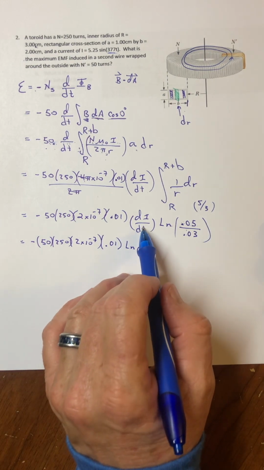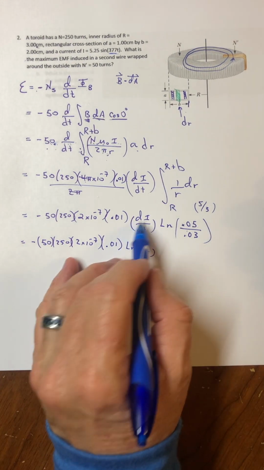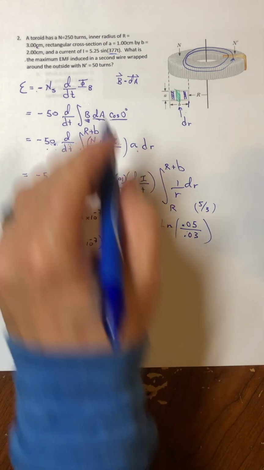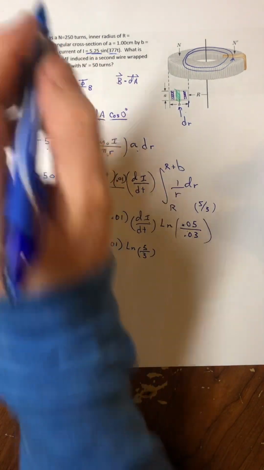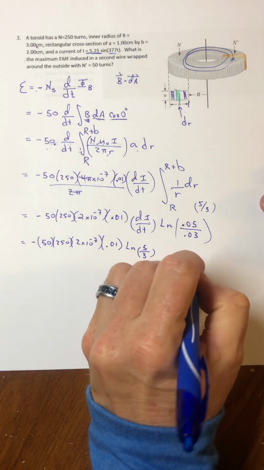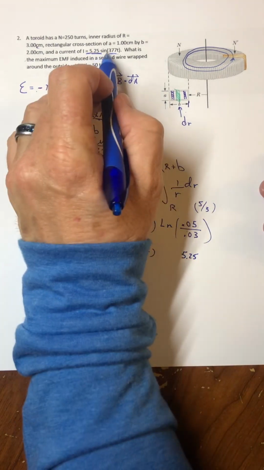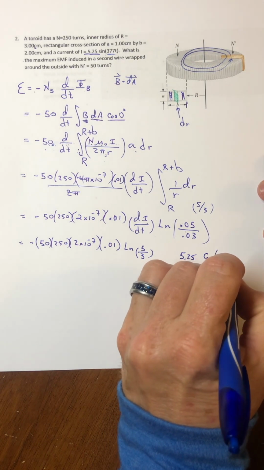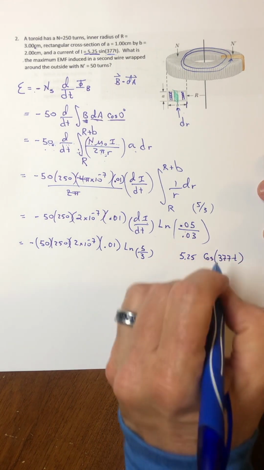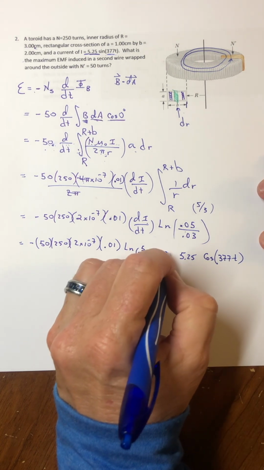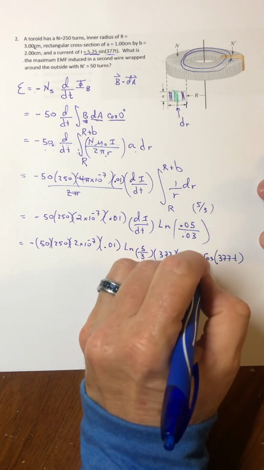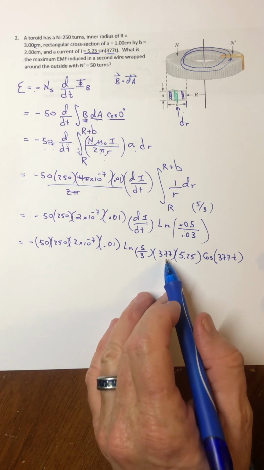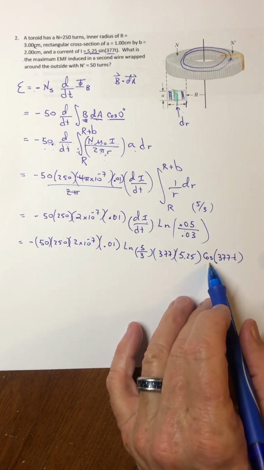Now, my last step here, take the derivative with respect to time of the current. There'll be a 5.25, and then this would become a cosine of 377t with a chain rule of 377. So there's the maximum current, the angular frequency, and the cosine.